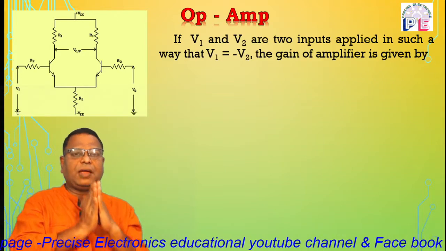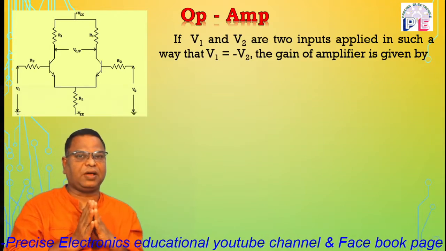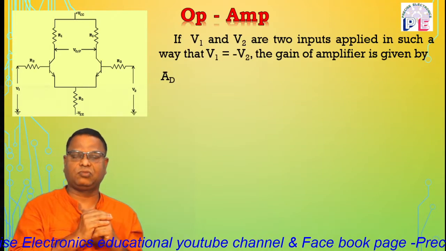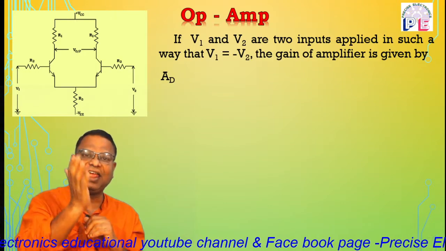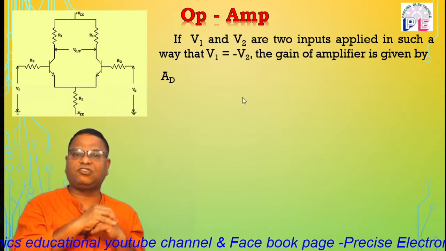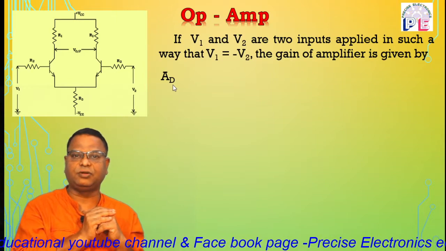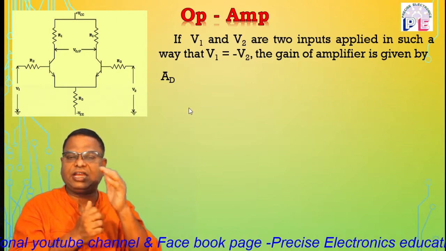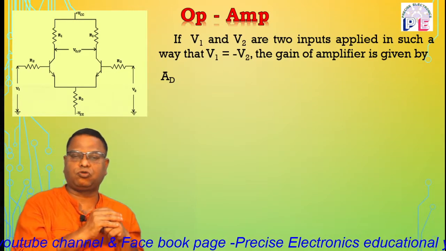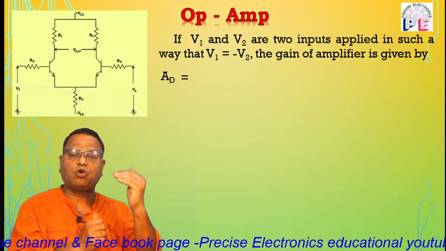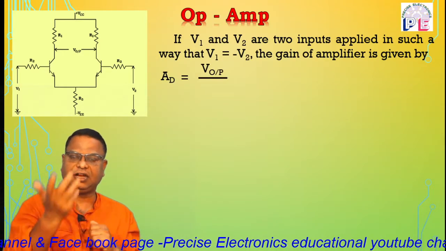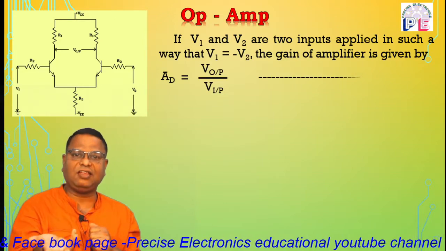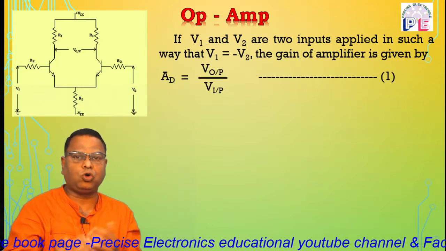The gain of the amplifier is given by A, and here it is AD. D stands for the differential gain. So it is A suffix D: A for the gain and D for the differential mode. So AD is equal to V output upon V input. The gain is the ratio of output to input.